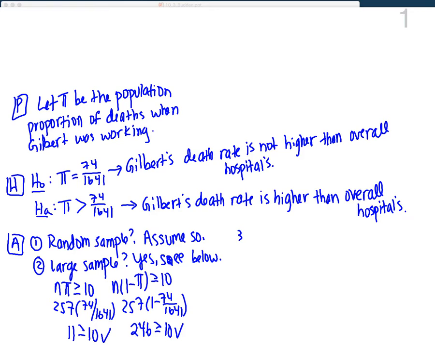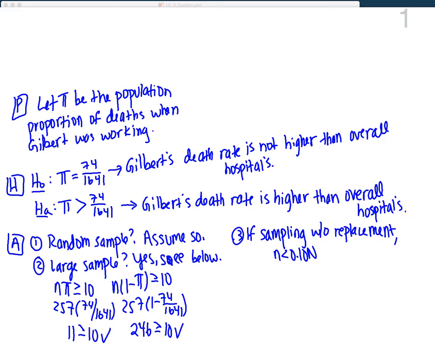Third assumption, 10% rule. So I'm going to say if sampling without replacement, little n has to be less than 10% of big N. A lot of you word this as big sample.